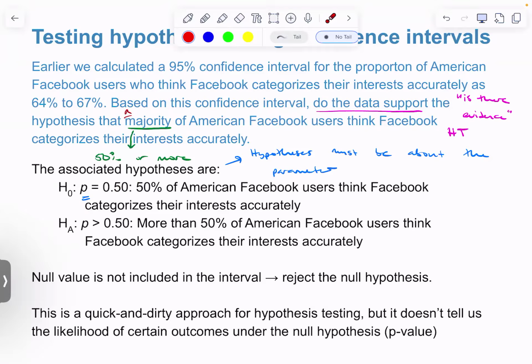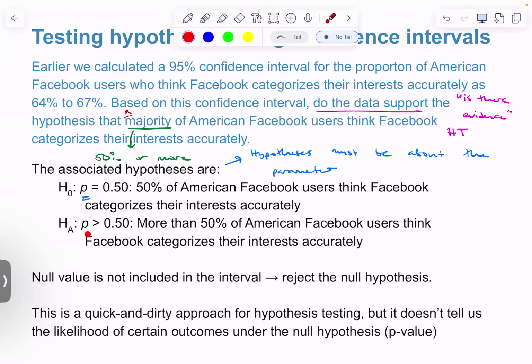I suspect that it's actually more than 50%, P is greater than 0.5, but that doesn't show up until my alternative hypothesis. So in order to be able to show that P is larger than 0.5, the first step is to assume that it is 0.5. So we jump in and we say, hey, let's assume it's 0.5. Okay?